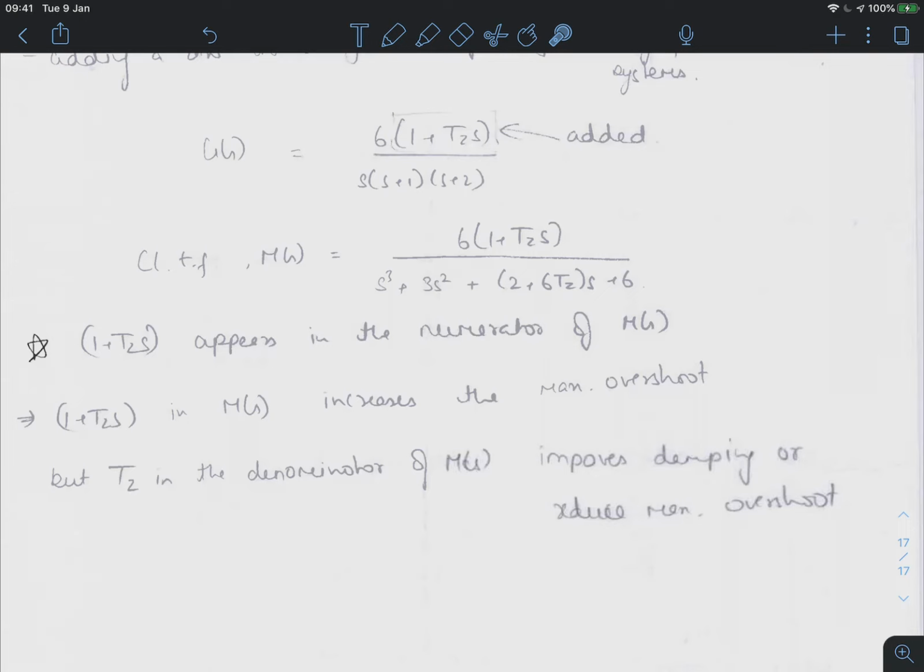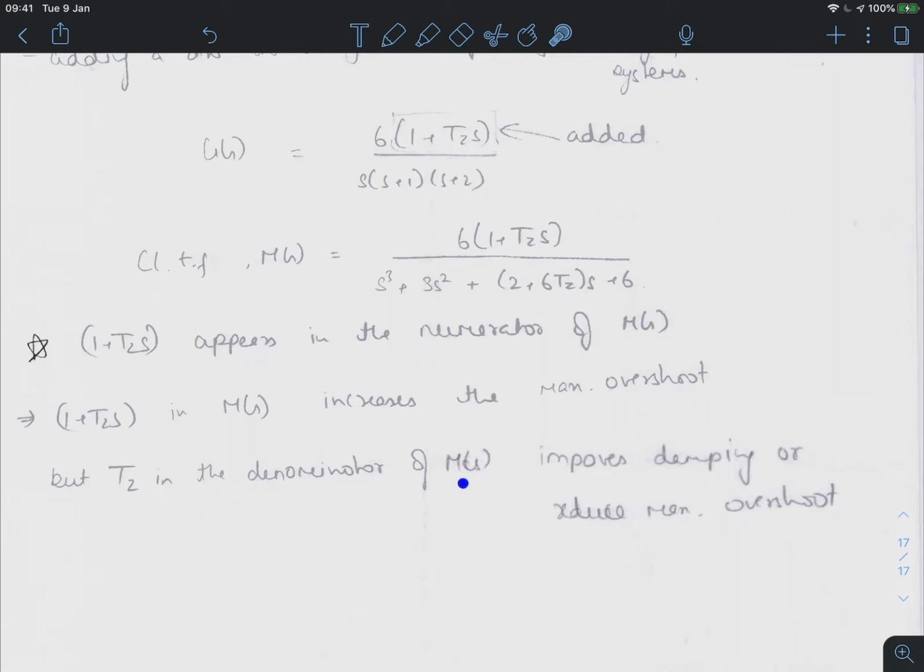Okay, so in both analyses, you would see an increment in the maximum overshoot because of this factor, and a reduction of the maximum overshoot because of the improved damping. Now, which factor will have the dominant effect on the overall response?